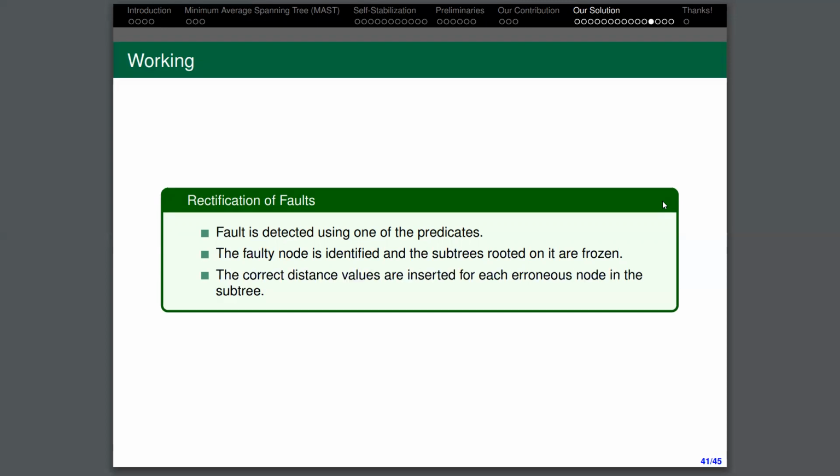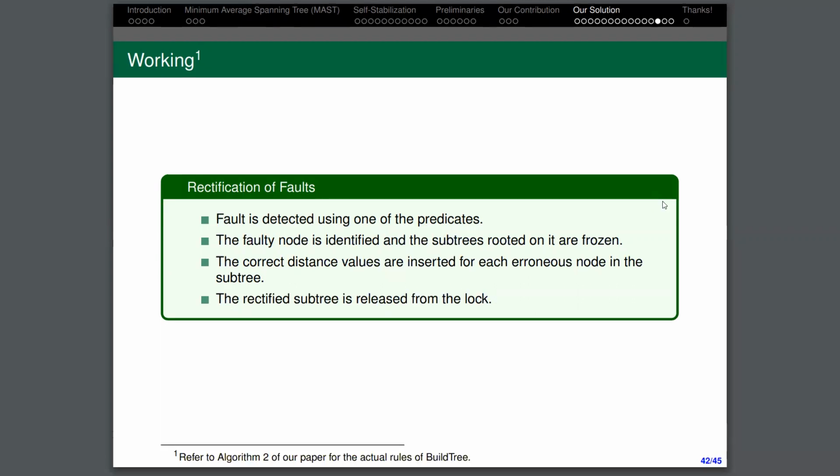The correct distance values are assigned to the leaves and go up the subtree until the rectification process reaches the root, which is itself corrupted. The frozen subtree is released from its lock, and this rectification is done iteratively every time an error is detected. For the actual rules, you can refer to algorithm 2 of our paper.